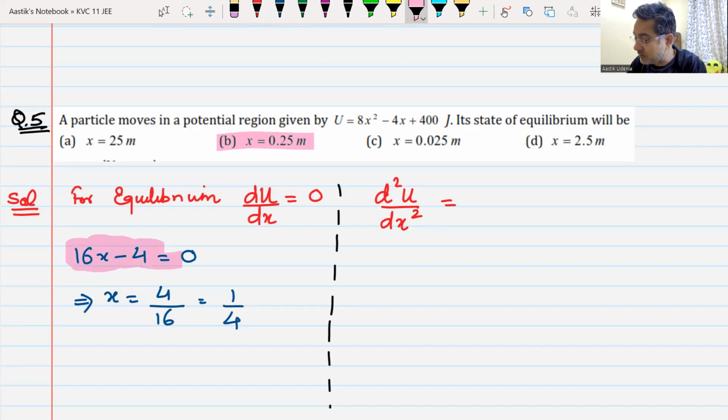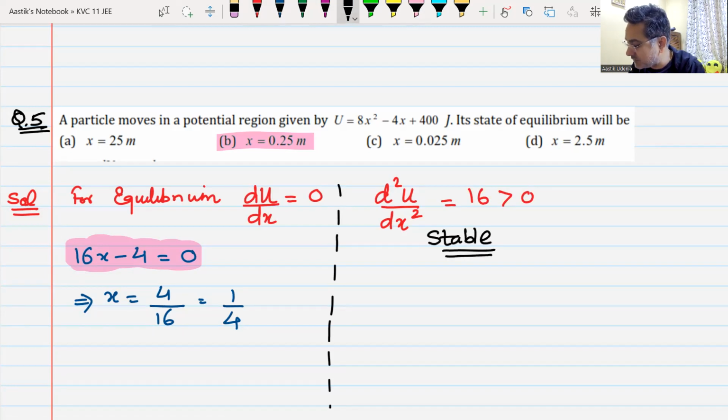I have to find out the derivative of this part. That was the first derivative. What is the derivative of this part? 16, sir. And this is greater than 0. Therefore, this equilibrium that we are getting has to be stable.